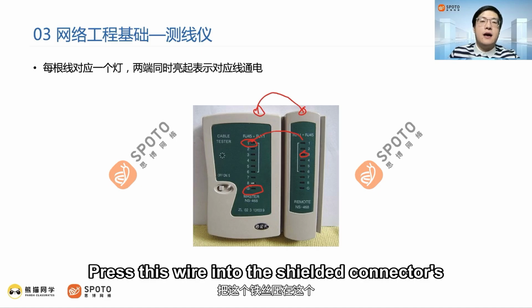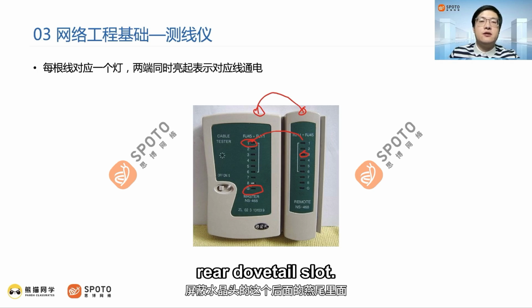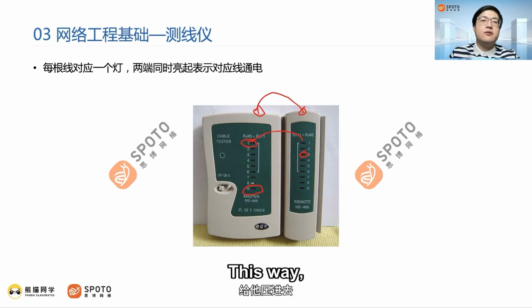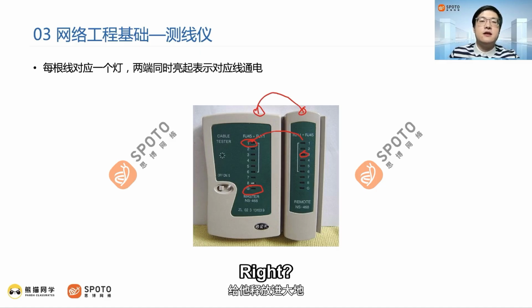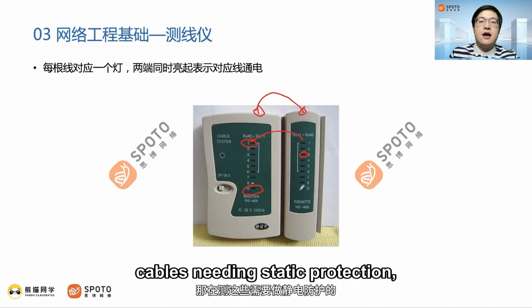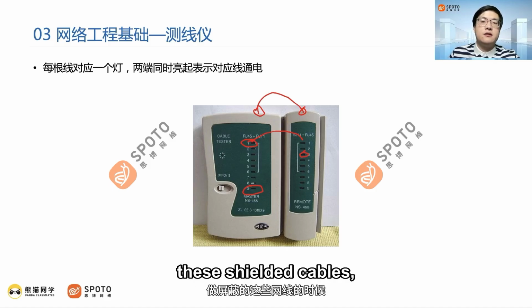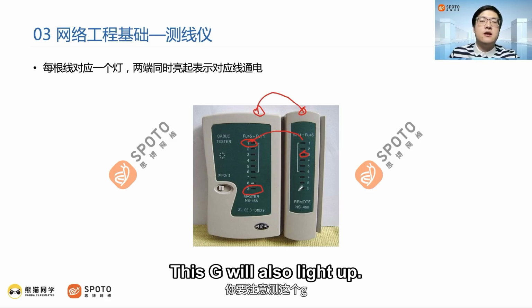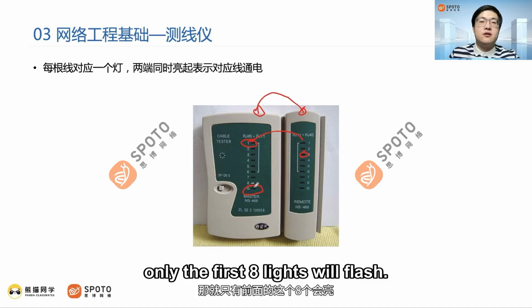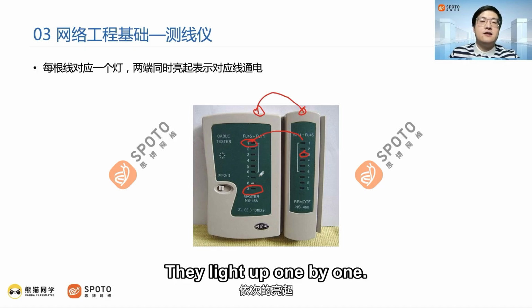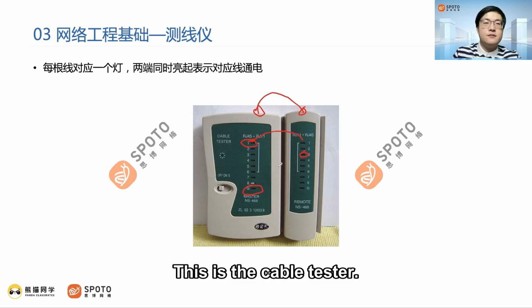Press this wire into the shielded connector, rear dovetail, press it in firmly. This way, we can discharge the static electricity into the ground, right? When testing these shielded cables needing static protection, you need to test that this G will also light up. For unshielded cables, only the first 8 lights will flash, lighting up one by one. This is the cable tester.